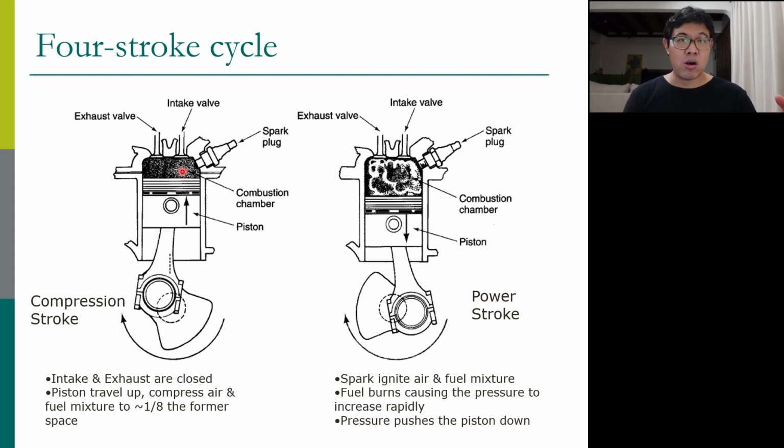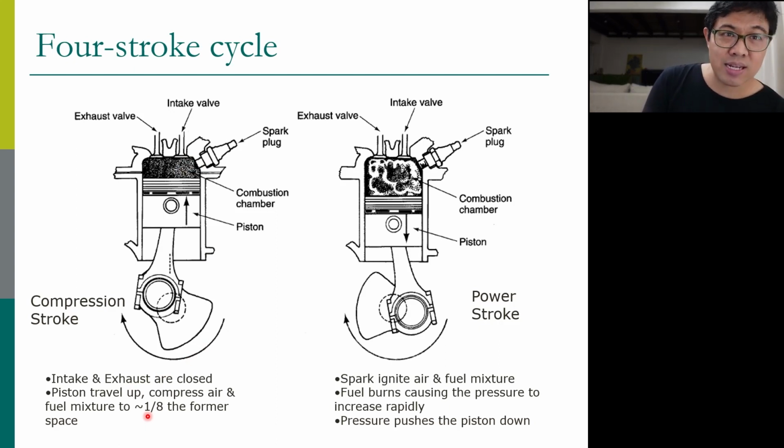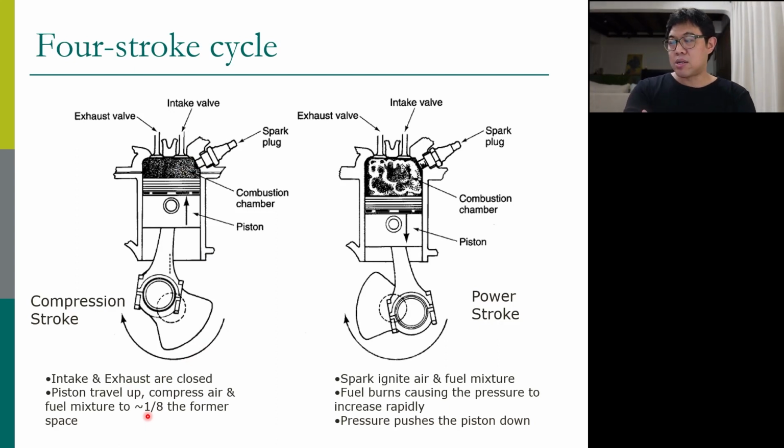For a gasoline engine, we compress to about 1 in 8, one part out of 8, from 8 to 1. Then after that we ignite the air-fuel mixture. For gasoline engines we ignite it using a spark, so we have a system to create a spark at the right time.